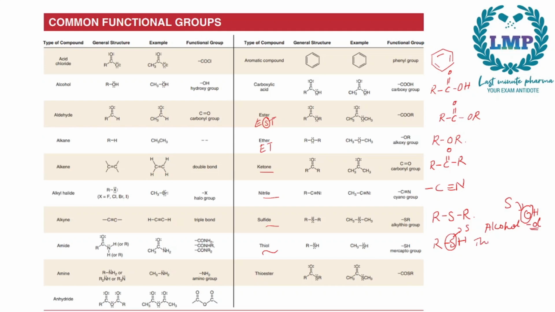So thiol will be given as RSH. Now for a thioester, thio and an ester. Ester is usually written as R C double bond O OR. Since it's a thioester, we substitute the oxygen with sulfur. So R C double bond O S R is a thioester.